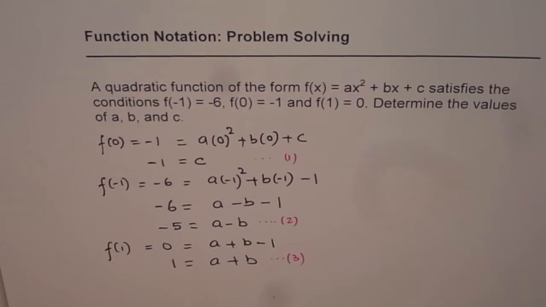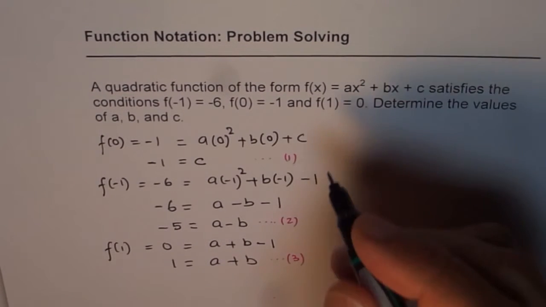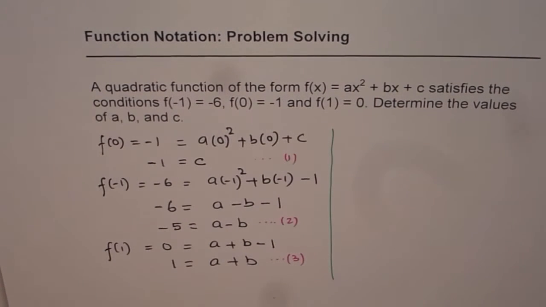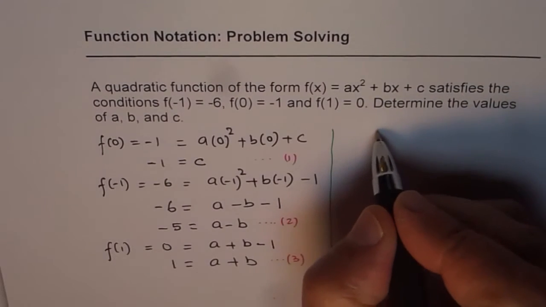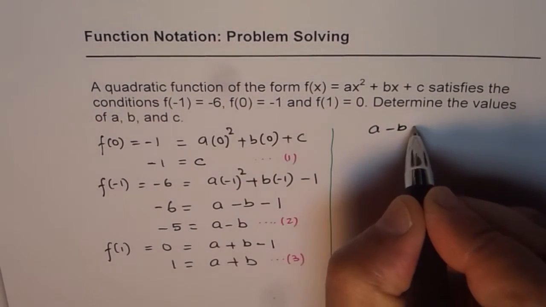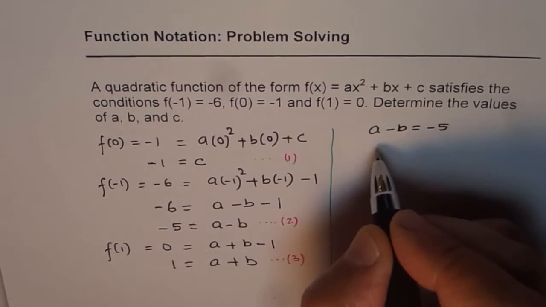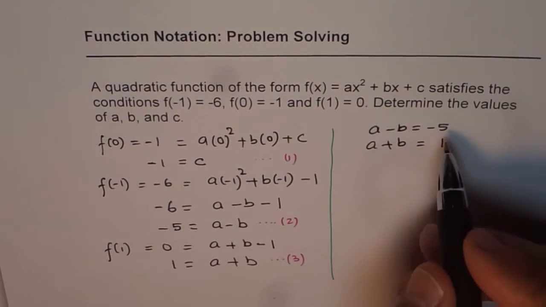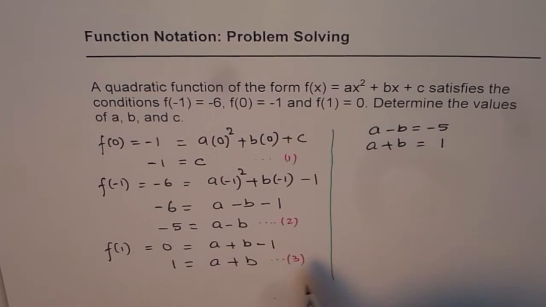Now solving equations 2 and 3, I should be in a position to find the values of a and b, right? So we have a minus b equals minus 5 and a plus b equals 1. These are our equations 2 and 3, correct?